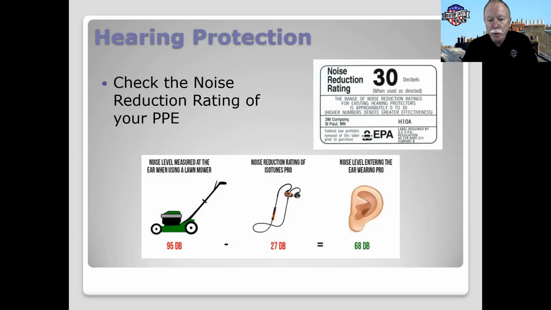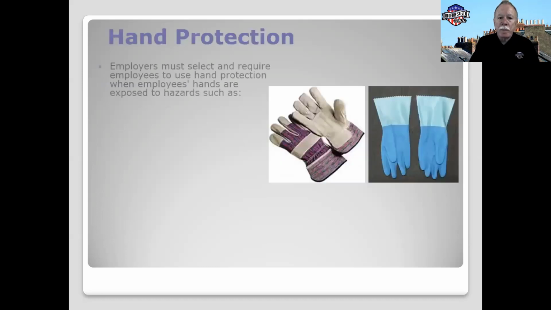If your noise protection gives you a 27 dB rating, now you're down to a 68 dB level. So don't ignore the hearing protection. It can definitely have long-term effects.